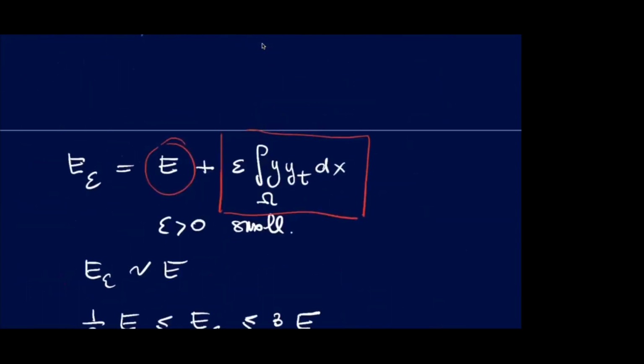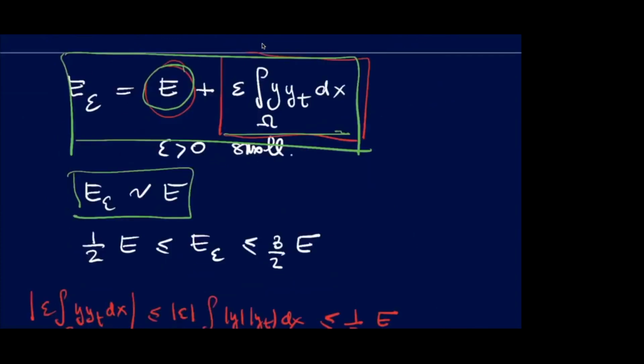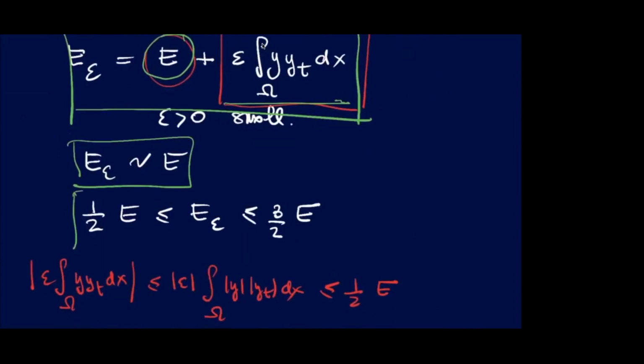The first goal is that when you add to the traditional energy, the natural energy of the system, this small correction term, then the new energy is completely equivalent to E, in the sense that you can guarantee this inequality, provided the epsilon is small enough.